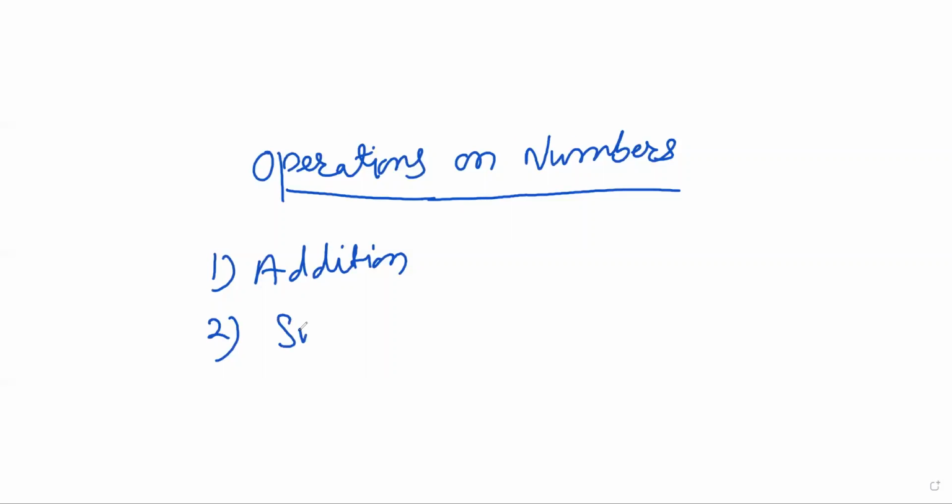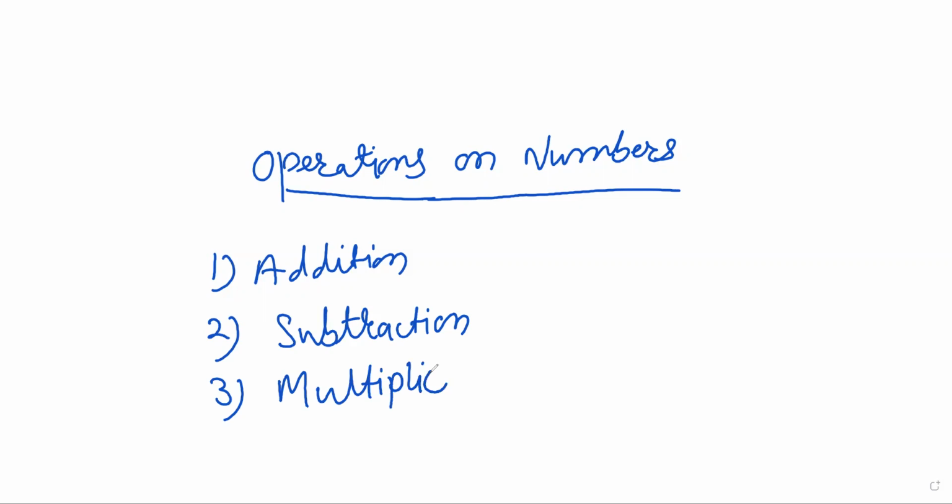Second one is subtraction. Third one is multiplication. And fourth one is division. So let's understand one by one. First one is addition.